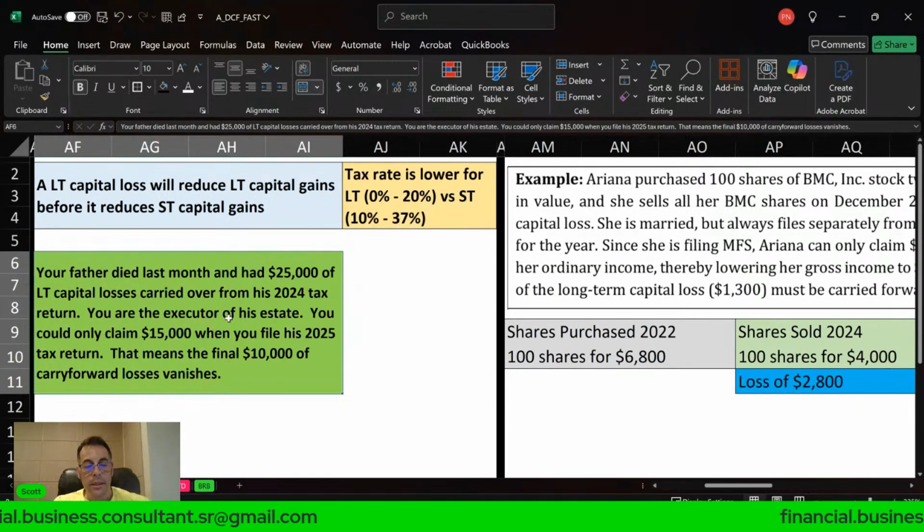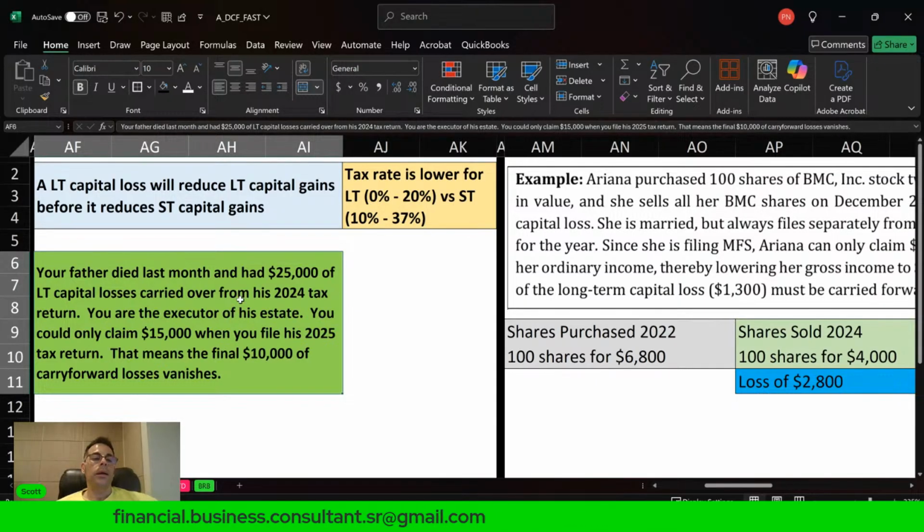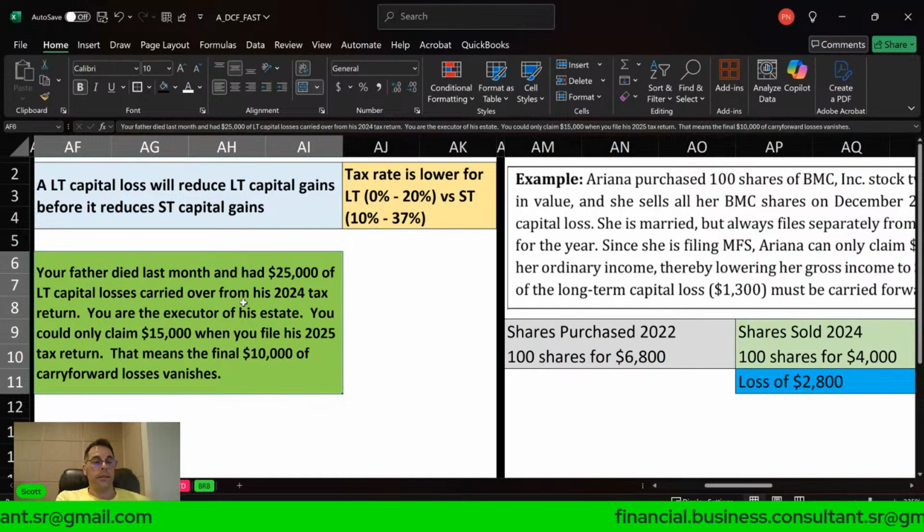Another nuance is, say your father died last month, and he died in 2025. That means his executor has to file his final tax return.